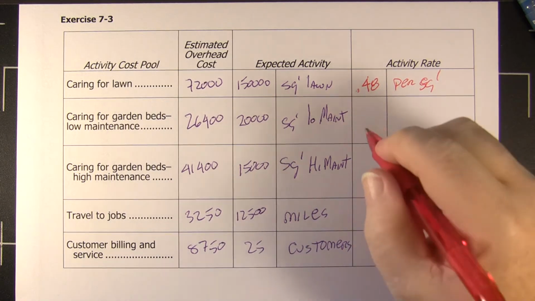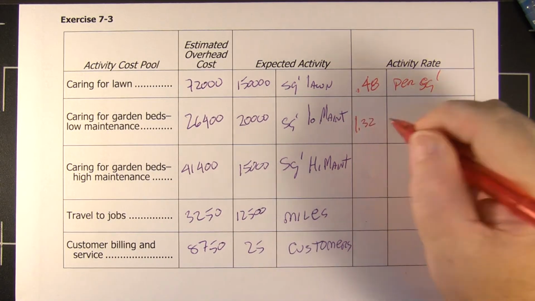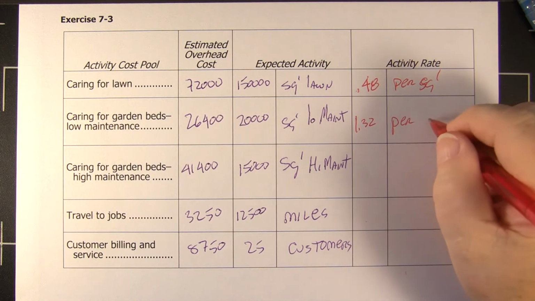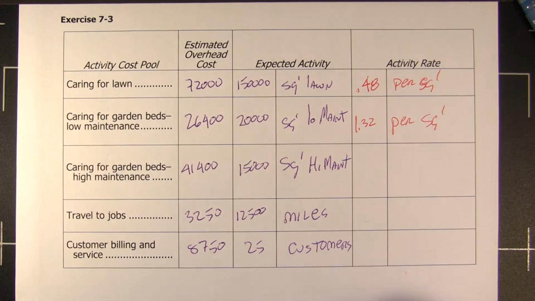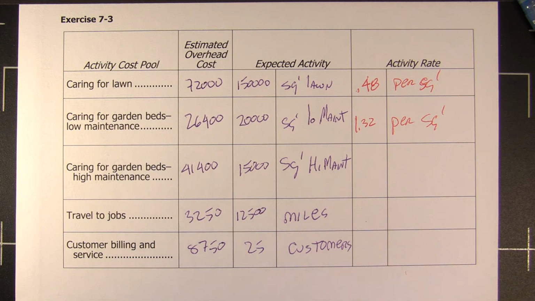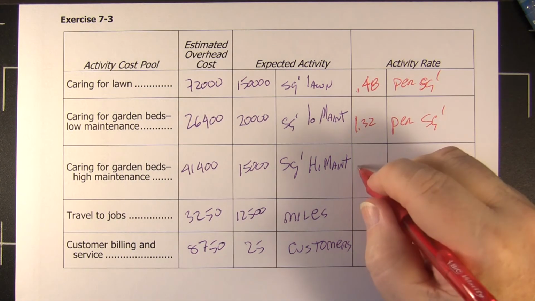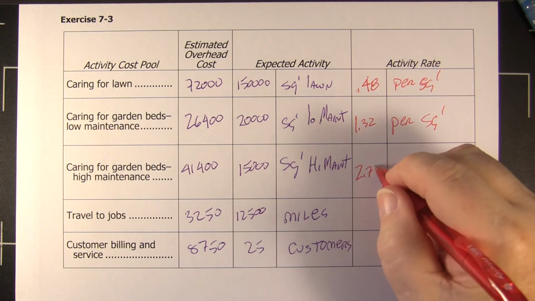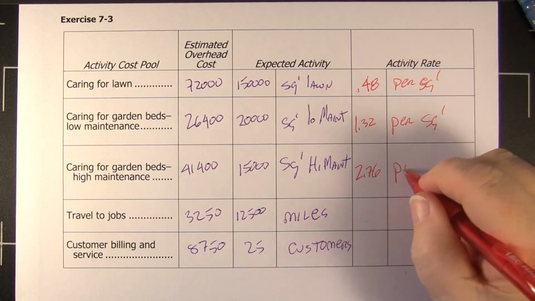We come up with $1.32 per square foot. Our high maintenance beds, and there are just way too many puns or wisecracks to making that, I'm leaving them all alone, is 41,400 divided by 15,000. That's $2.76 per square foot.